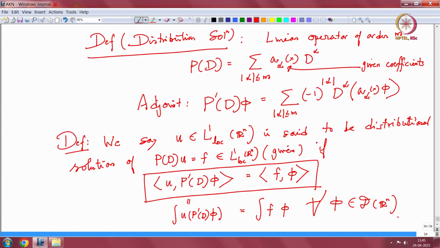So you are basically giving an interpretation of PD of u, because PD of u acts on phi, and then you take an integration and move all the derivatives onto phi. So you see the impact of why we put compact support and smoothness on that. So you can deal with all these things.